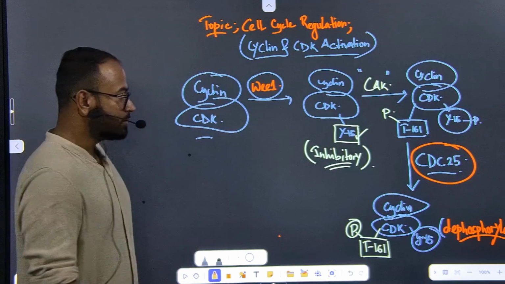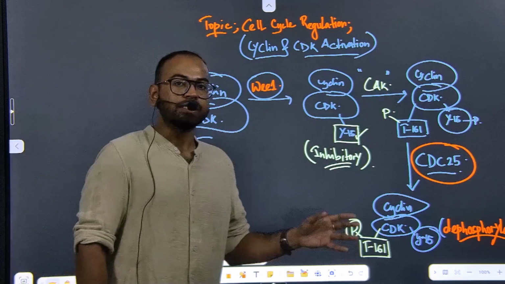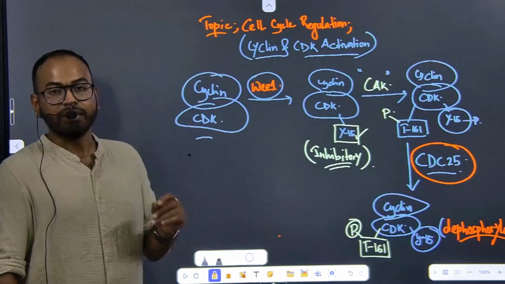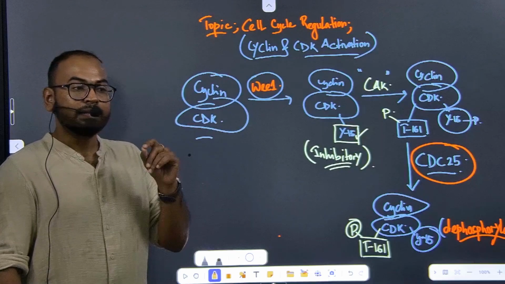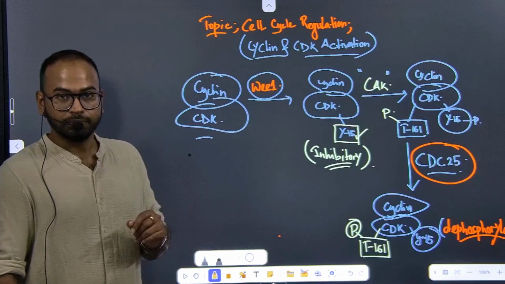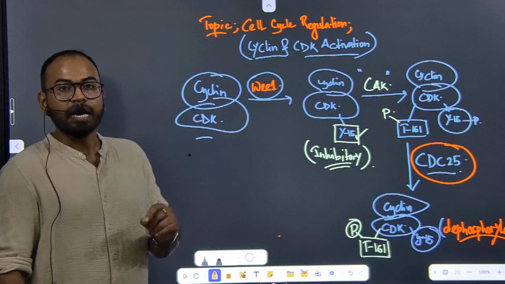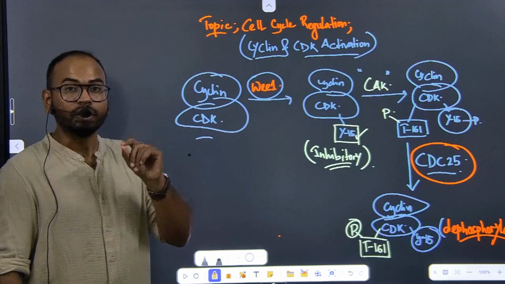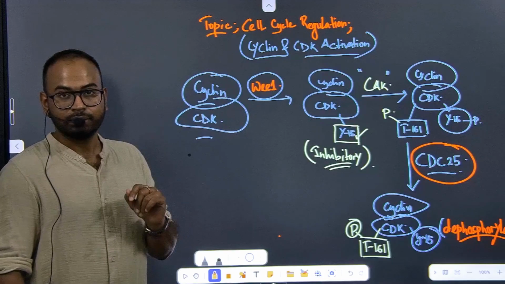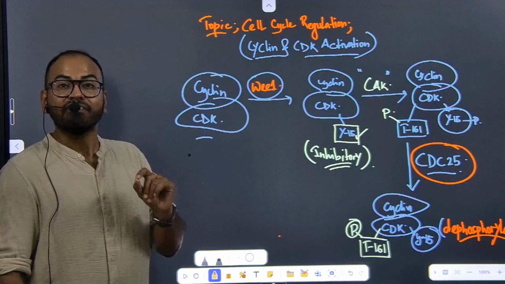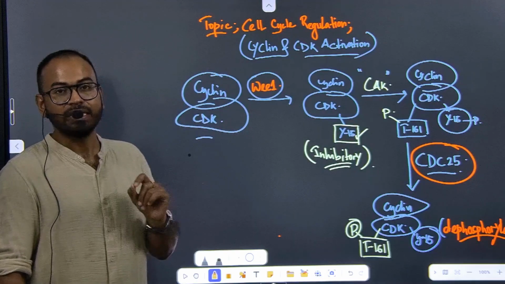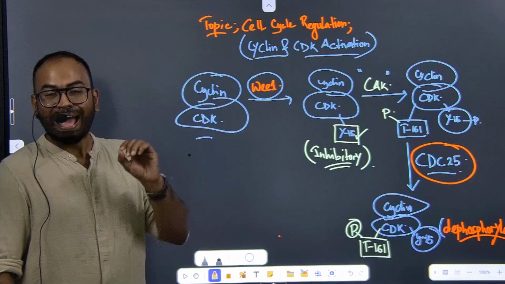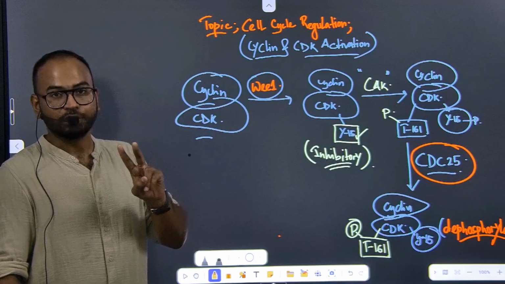And the second question is, apart from tyrosine 15, there lies another amino acid, threonine 14, which acts as an inhibitory factor within CDK. So, comment below the answers regarding these two questions.